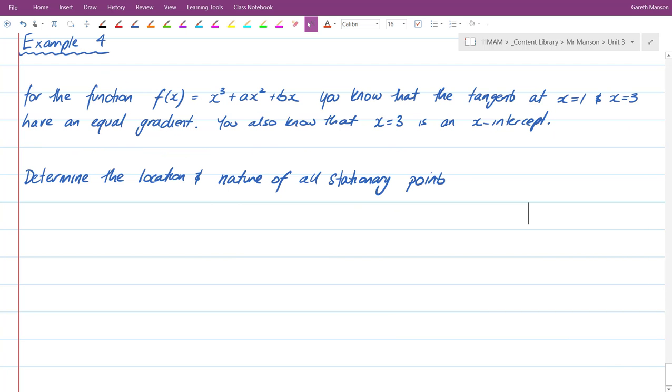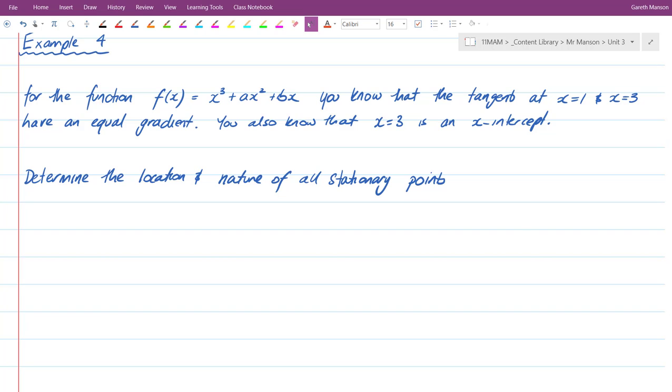So this is example 4. We're given a function, but we're given unknown a's and b's. Questions like this pop up all the time in the work that you'll do, and I almost guarantee there'll be something like this in your external exam, maybe with tangents, maybe without, but definitely with those a, b coefficients missing and a simultaneous equation requirement, etc. So you know that the tangents at x equals 1 and x equals 3 have an equal gradient.